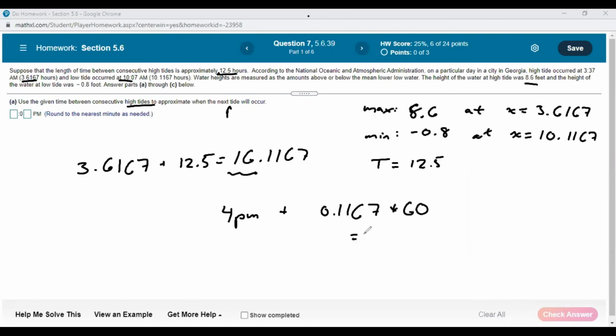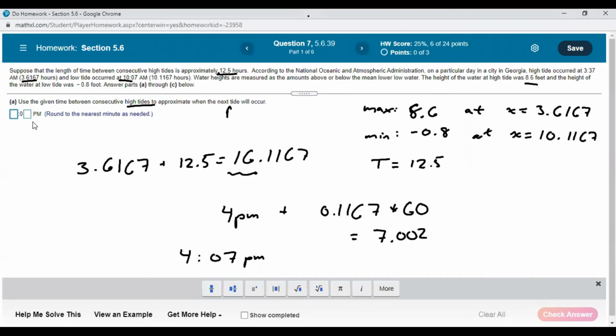So 0.1167 times 60 is equal to 7.002. And so this is going to be 4:07 p.m. And notice they've, for some reason, already given us the PM and the 0.